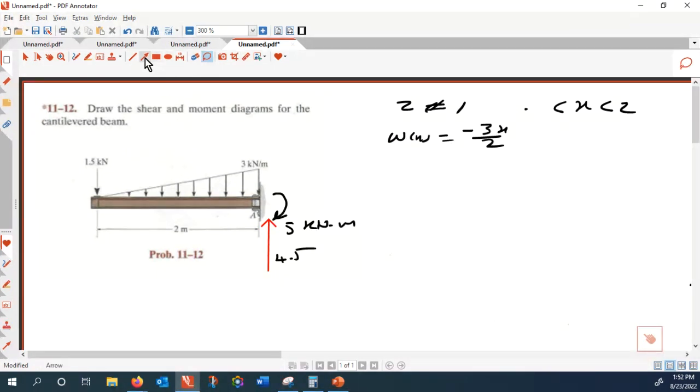So that means in the first diagram, we have one discontinuity in the shear. Where is the discontinuity in the shear? At the beginning, right? So what is the shear force at this point? I call this point B. Let me call this point B. What is shear at point B?